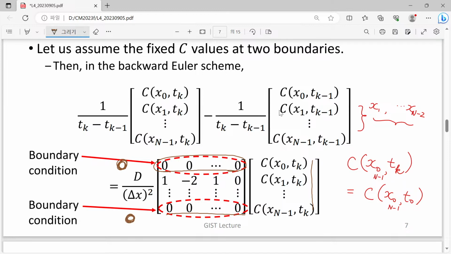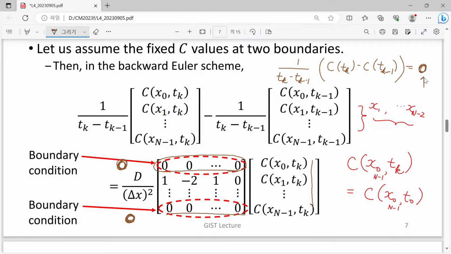So if we read the first row of our discretized diffusion equation, then I would like to say c at tk minus c at tk minus 1 equal to 0.